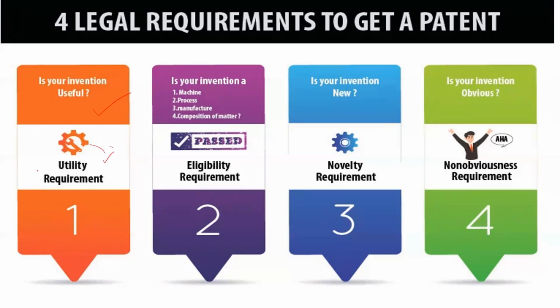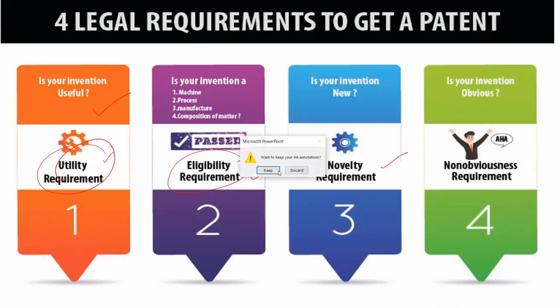Second, whether it passes the eligibility requirements, like whether it is a machine, a process, a manufacture, or a composition of matter. You have to check the eligibility criteria. Third, whether your invention is new; you must know whether novelty is there or not. And after that, whether your invention is obvious or not. So these are the 4 things you must check before filing any patent.